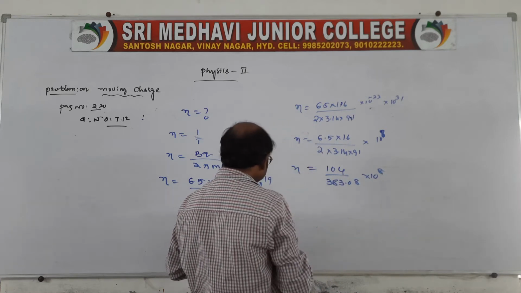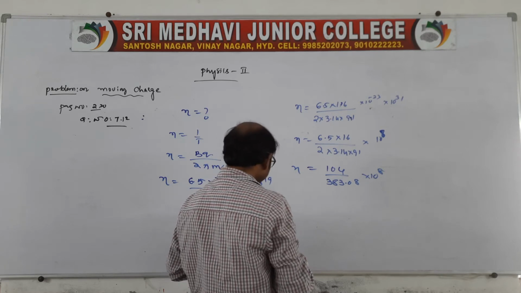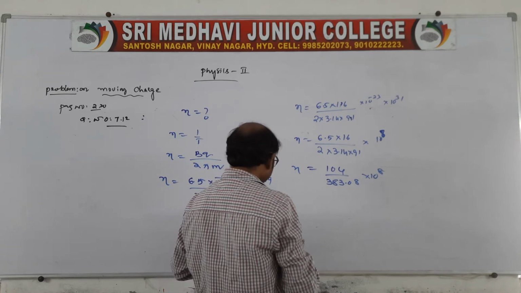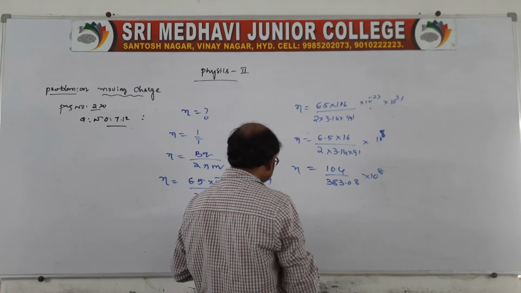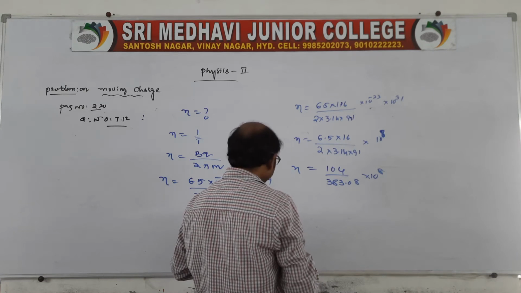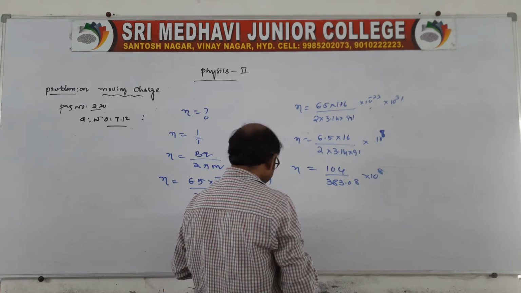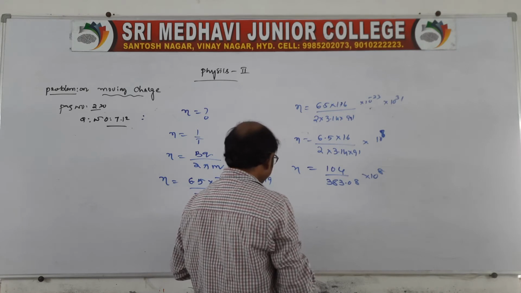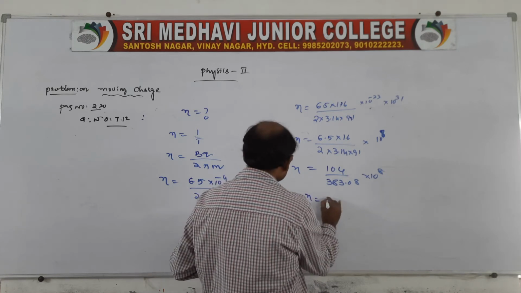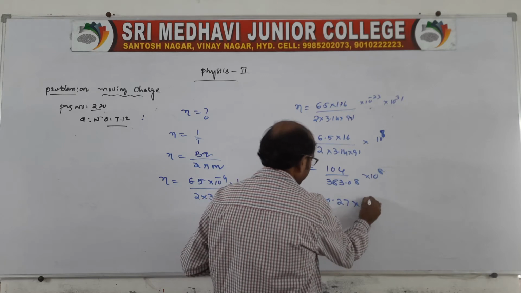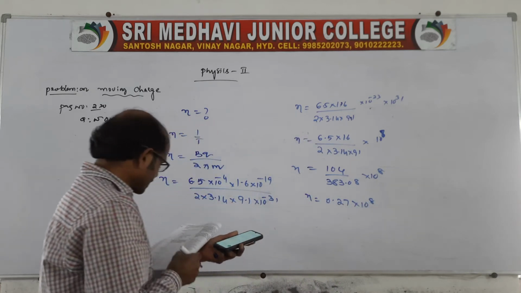Now you divide this, so 104 divided by 383.0, so n is equal to 0.27 into 10 power 8. So this is the frequency, right?